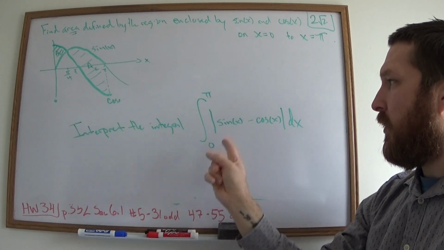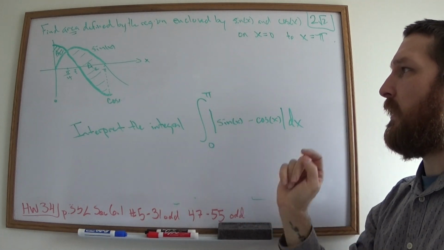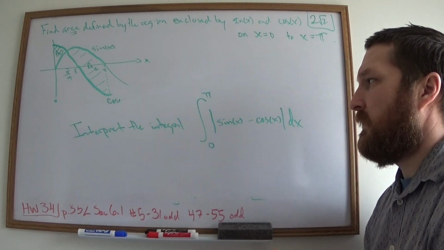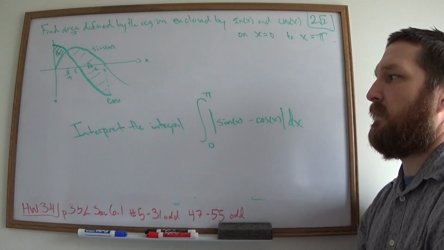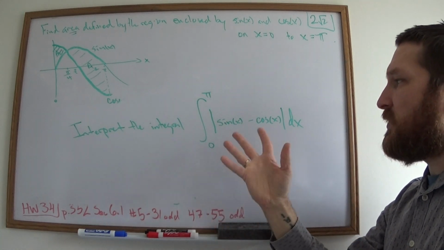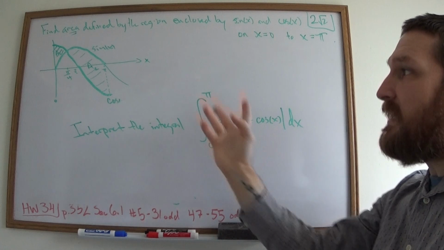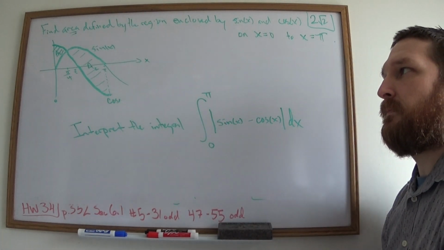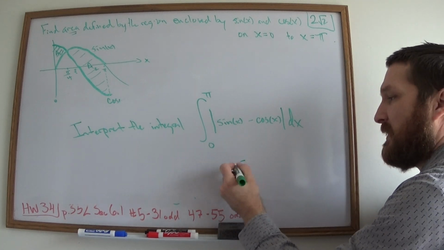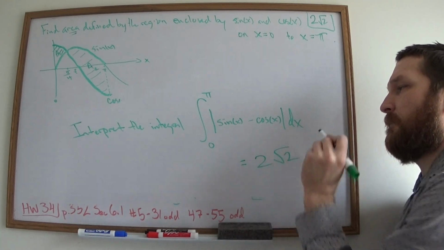So you draw them on this domain from 0 to pi. And you say, well, if it's the absolute value, then the difference is always positive. The way to make the difference always positive is to take the bigger one minus the smaller one. And so this is the same thing as this. It'll also say interpret it and then figure out what it is, and your answer is 2 root 2.